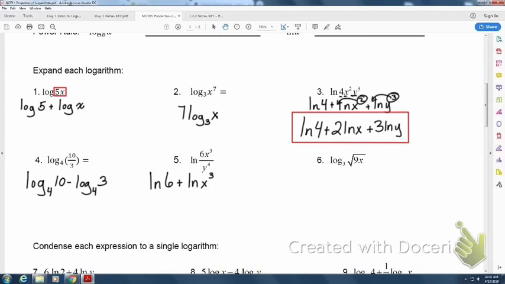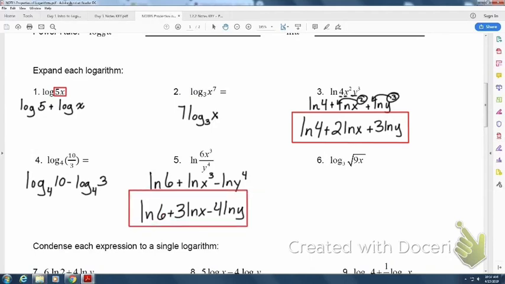And because I'm dividing, I'm going to subtract natural log y to the 4th. And then I'll just move those exponents to the front of the logs that they're attached to. And that would be that problem fully expanded.